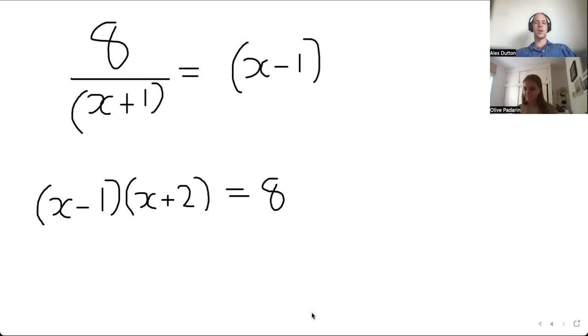Good. Now we're almost there. How did you get x plus 2? Because I thought we were multiplying it by x plus 1. Yeah, thank you. I don't know where that came from. Sorry, it should be that. That's fine. So now, when you expand this out, you should just get x squared minus 1.